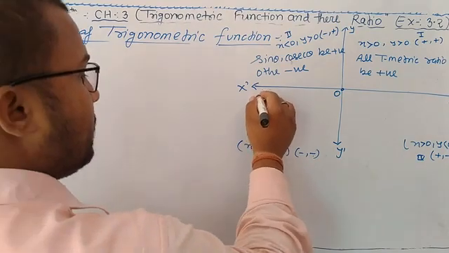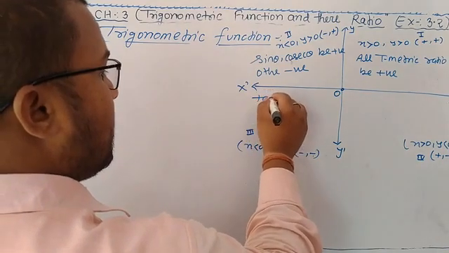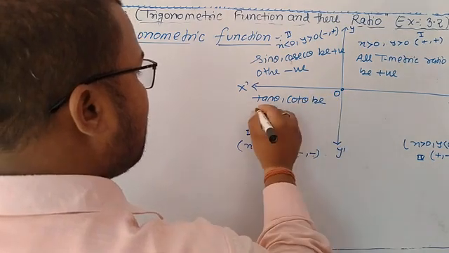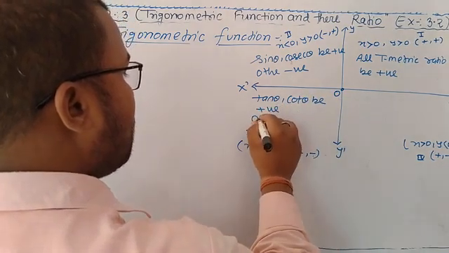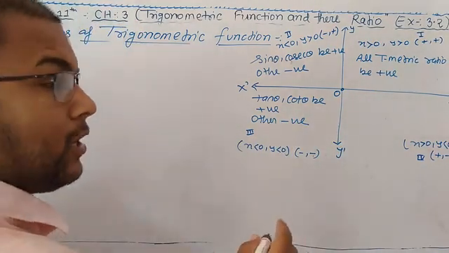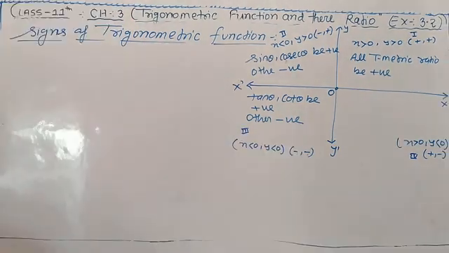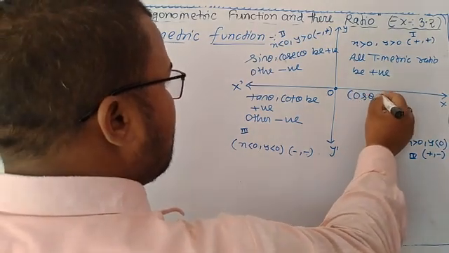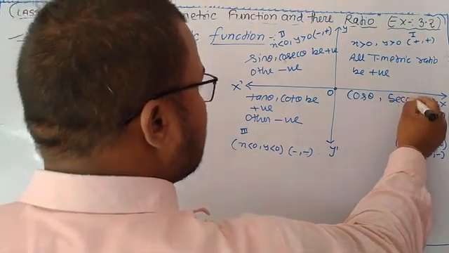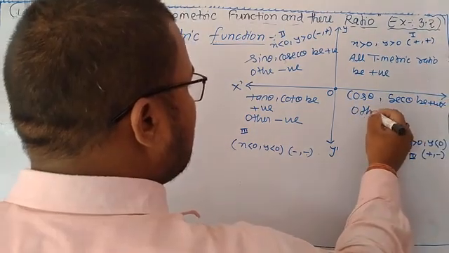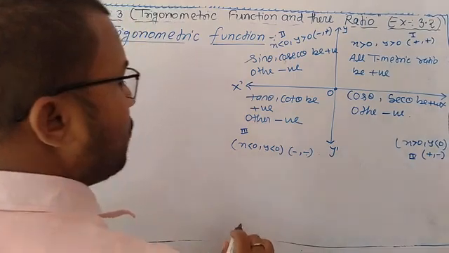Third quadrant, tan theta and cot theta are positive, others negative. Fourth quadrant, cos theta and sec theta are positive, others negative.